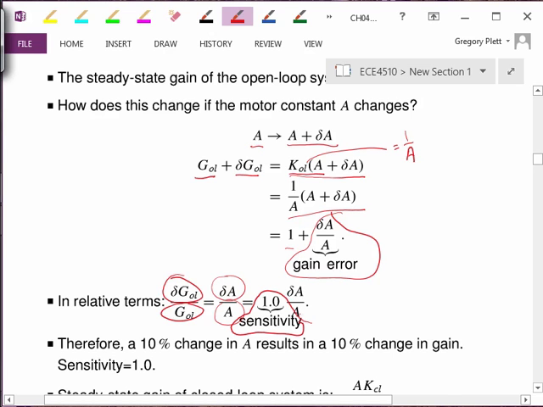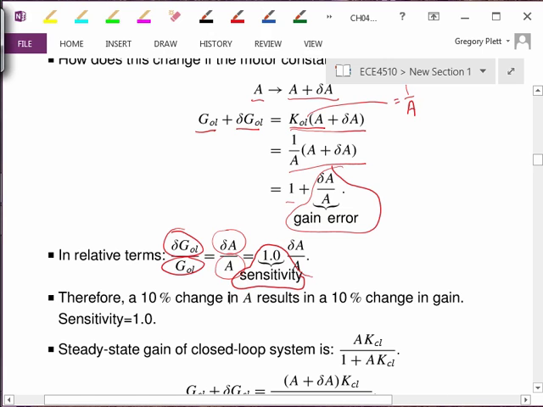How much the gain changes versus the original gain is some number times how much the plant changes divided by the original plant number, and that constant is what we call the sensitivity. A sensitivity of 1 means that a 10% change in A gives us a 10% change in the gain. It's a 100% correlation between those.